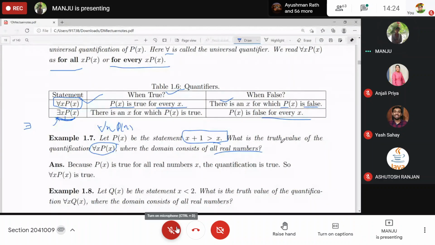Now, what is the truth value of the statement there exists x P(x), with P(x) as given? Always true. True. And if I give you P(x) as x plus 1 is less than x, what about this statement, true or false?